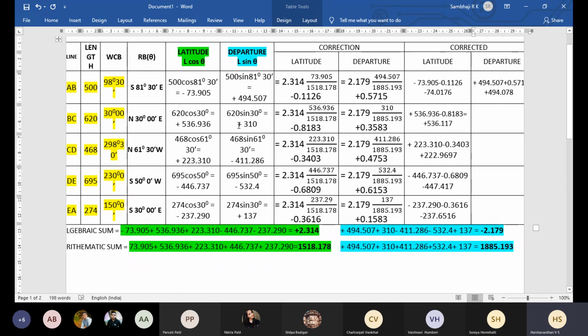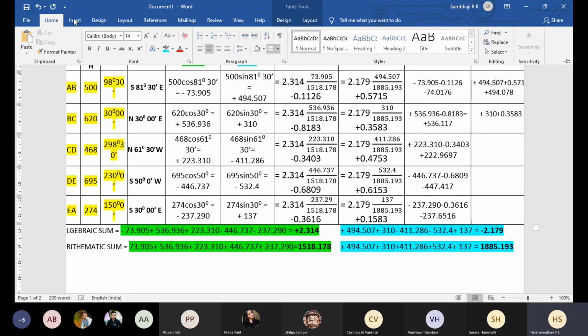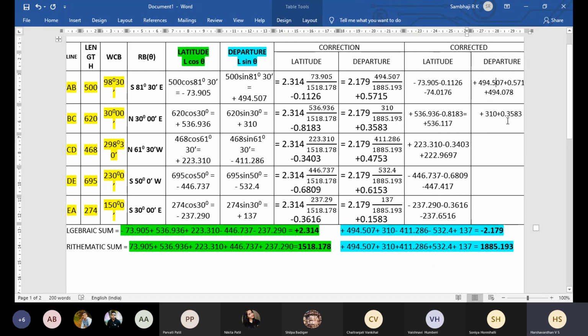Okay, next departure is 310, so correction is plus 0.3583. What is the answer? 310.3583, sir.